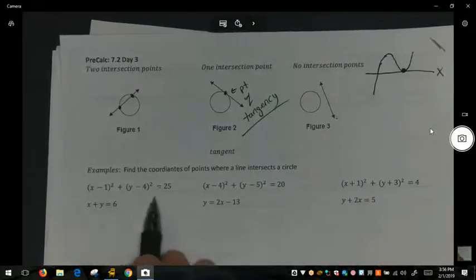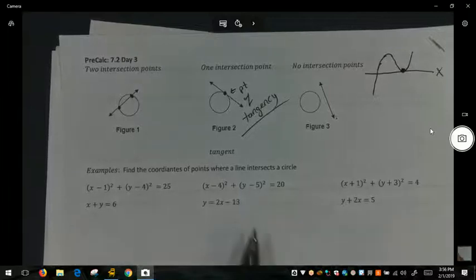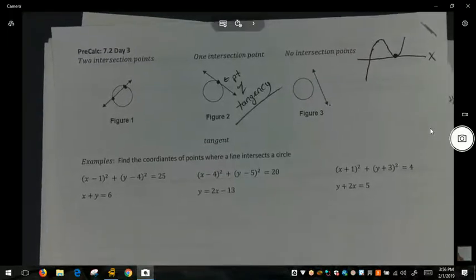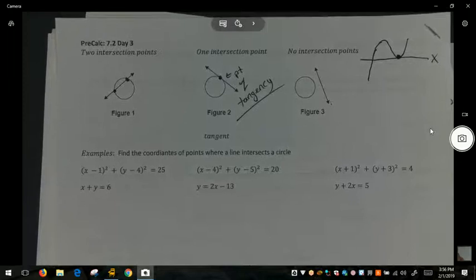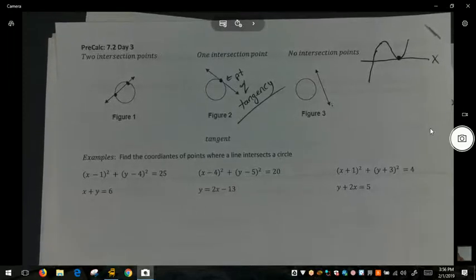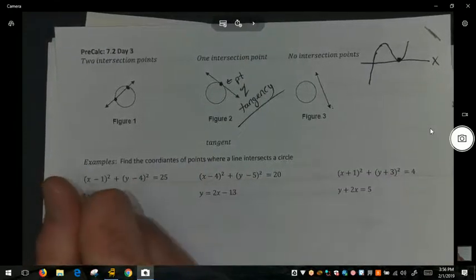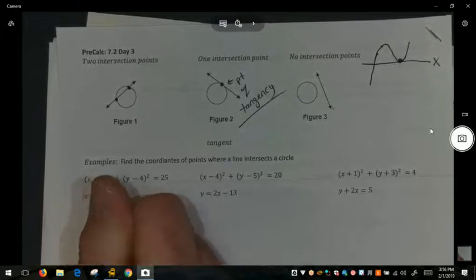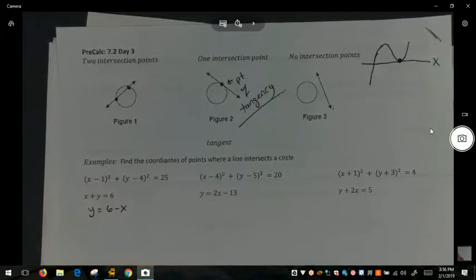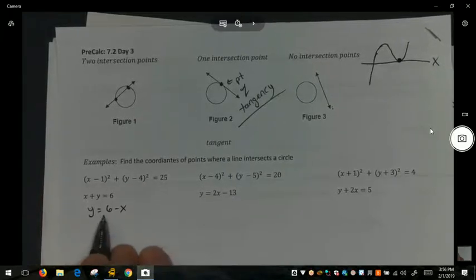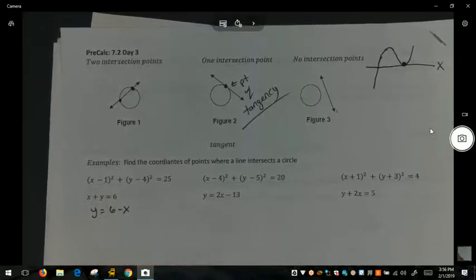Now, graphing a circle and then graphing these linear equations in the same coordinate plane isn't going to be so easy for you right now, and we're going to be required to do this algebraically. So we're going to work on the algebra aspect of it. So here it is. I'm going to choose to solve for y, but you could just as easily solve for x. So I have a linear equation: y equals 6 minus x.